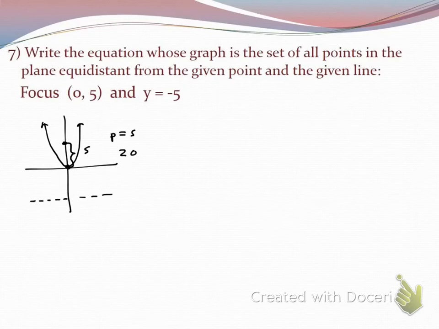So what's the equation? Opens up, so it's x squared equals, because isn't our vertex 0, 0? Where's the 20 go? In front of the y. Did that help a little bit?